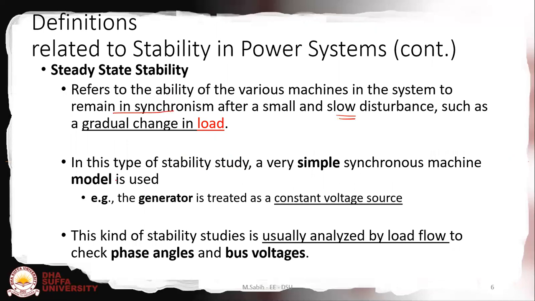This is one type of stability, and a very simple synchronous machine model is used here. For example, a generator is used as a simple constant voltage source. Okay, and this kind of stability study is usually analyzed by load flow, where we focus on the phase angles and the bus voltages.